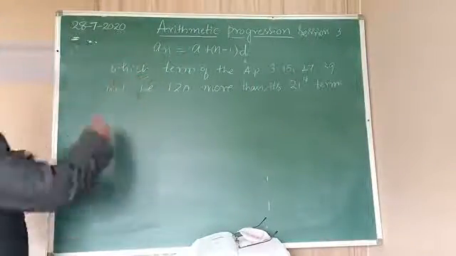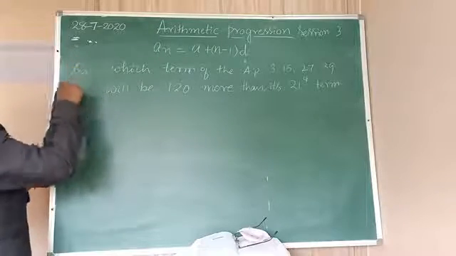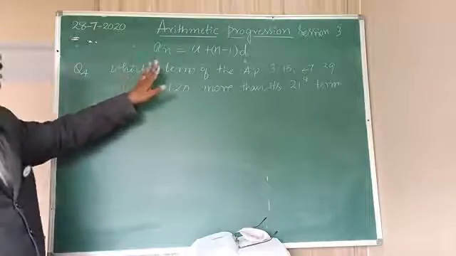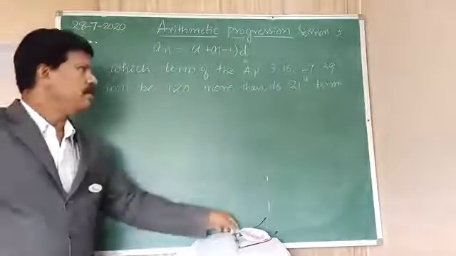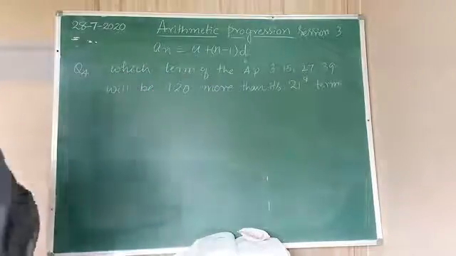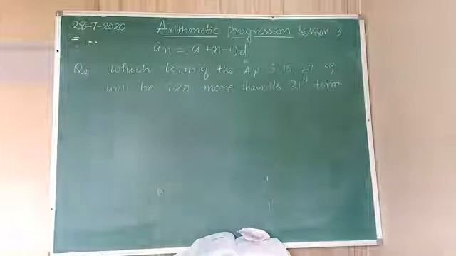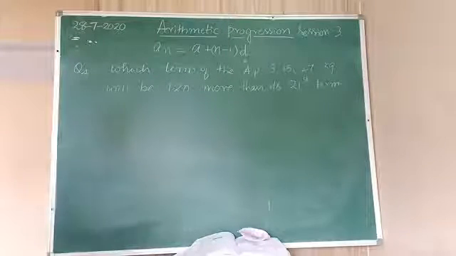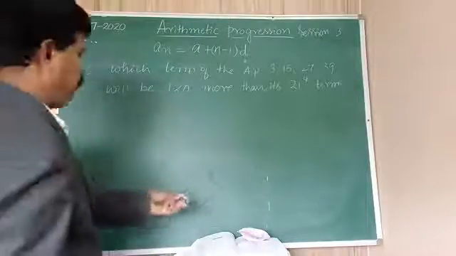See, this is question number 4 on the nth term formula. Now, which term of the AP 3, 15, 27, 39, etc. will be 120 more than its 21st term?